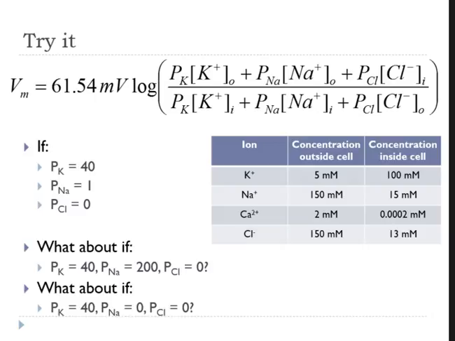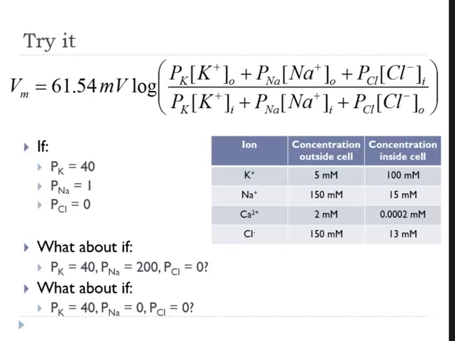Last point I'll make. Why do you think the concentration of chloride is inside divided by outside instead of out divided by in in the Goldman equation? Like, why would that be? It's a negatively charged ion. Yeah, so that's the key thing.